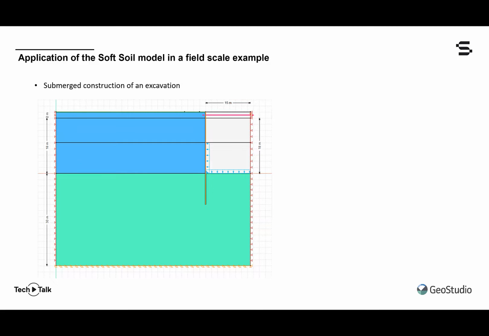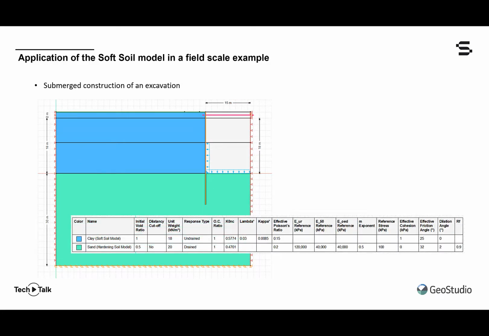The elevation of the water table inside the excavation is assumed constant and commensurate with the initial water table. The geology comprises 20 meters of soft clay, represented of course by the soft soil model, overlying a sand, which is represented here by the hardening soil model. The water level is 2 meters below the ground surface.